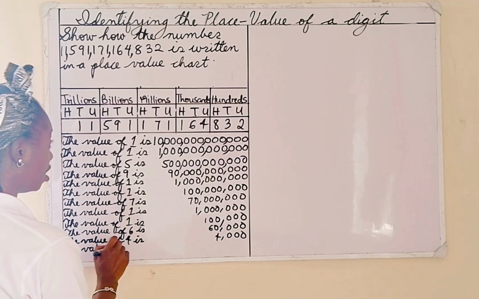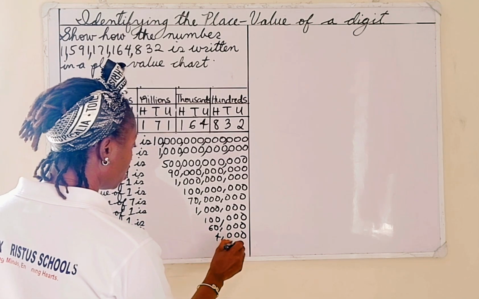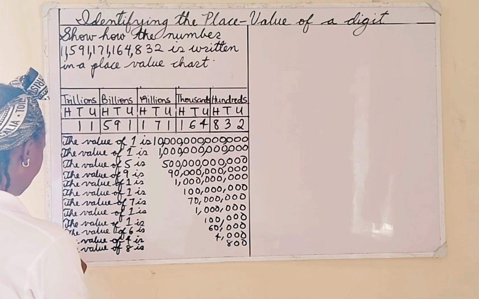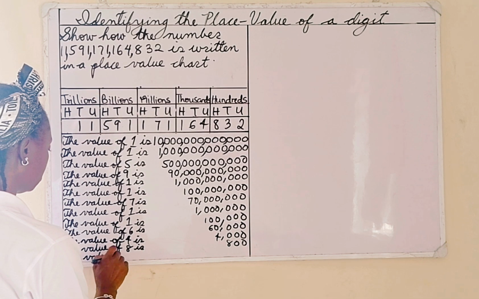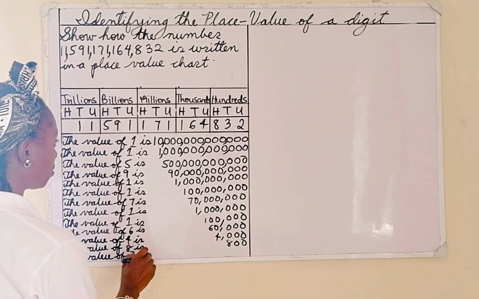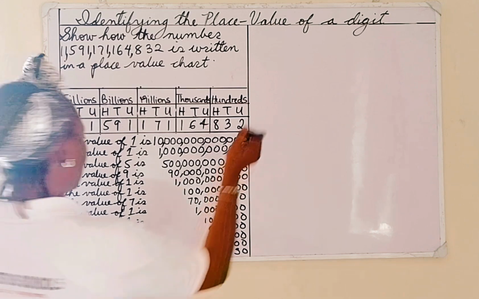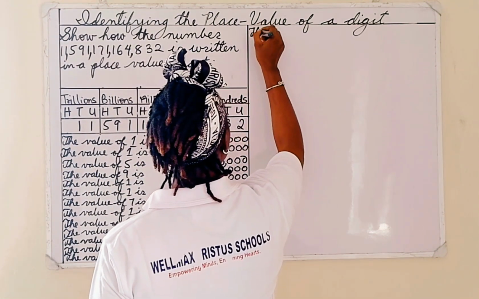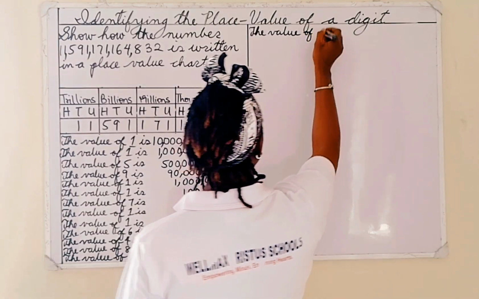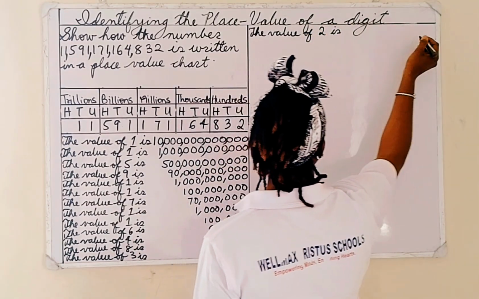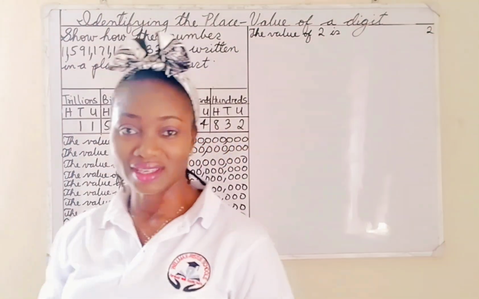The value of 8 is 800. The value of 3 is 30. And the value of 2 is 2.